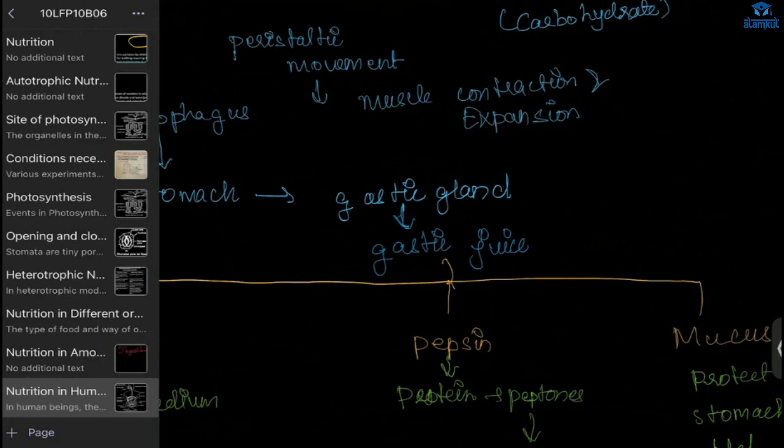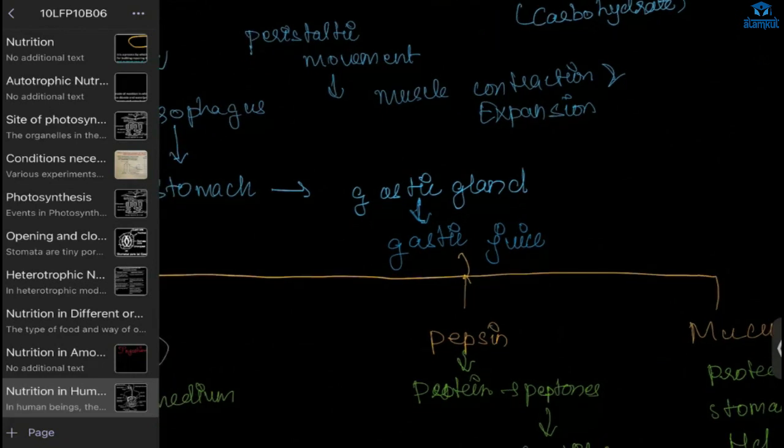Ria, where does complete digestion of food happen, in which part of the alimentary canal? Ma'am, I think small intestine. Yes, small intestine, correct. Ma'am, can you repeat the question? I was asking where the complete digestion of food happens.